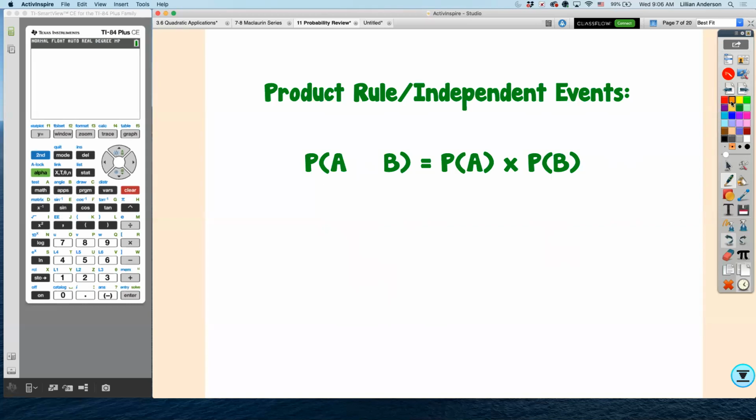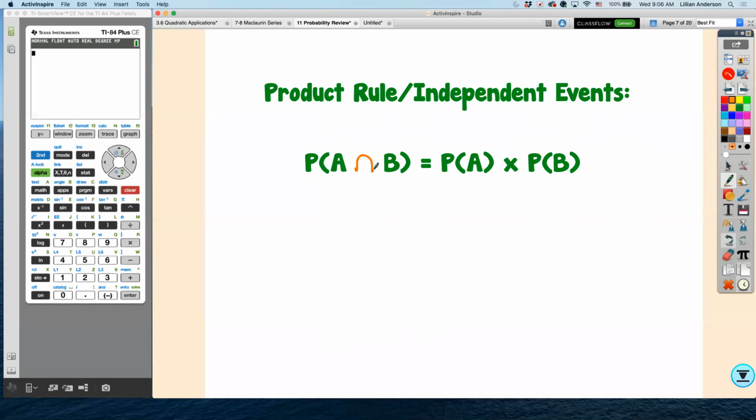All right, the product rule, also known as independent events, essentially says that the intersection between A and B is equal to the probability of A happening times the probability of B happening. Essentially what that means is that if you're looking at independent events where the outcome of one thing has no effect on the outcome of the other, then you're going to multiply them.